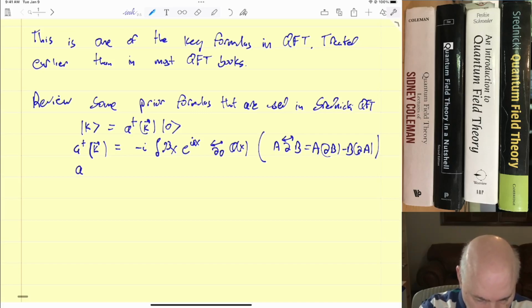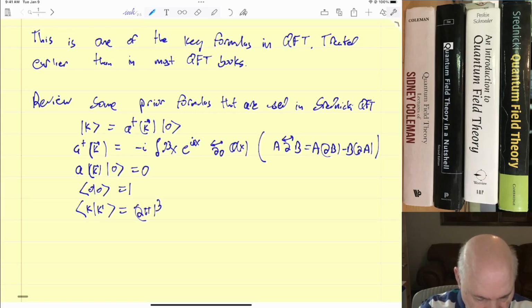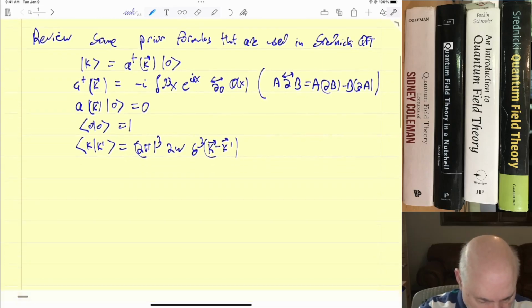The annihilation operators, of course, annihilate the vacuum. The vacuum is normalized. And the single particle states have a delta function normalization with a few extra factors. This is the Lorentz covariant normalization. Okay.